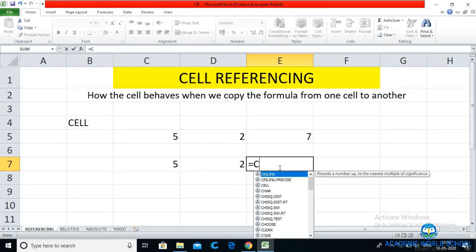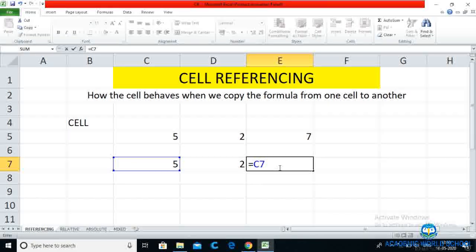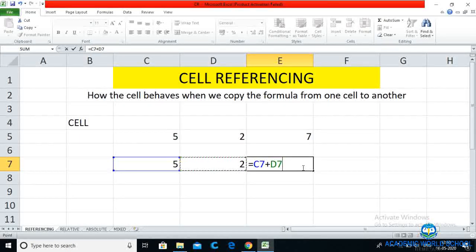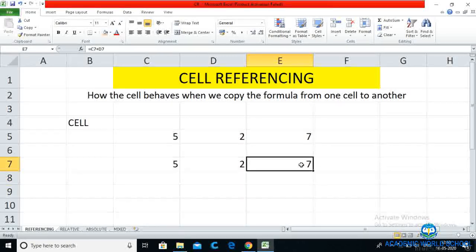Write C7. As soon as you write C7 here, look, it has taken the value 5. Now we need to add the other one, D7. Enter. The same answer, 7.